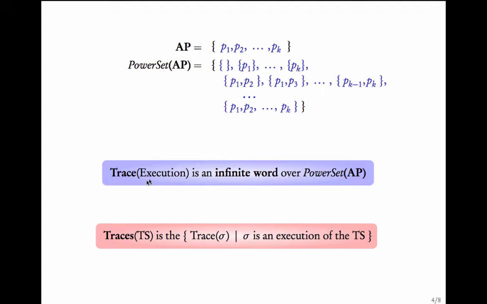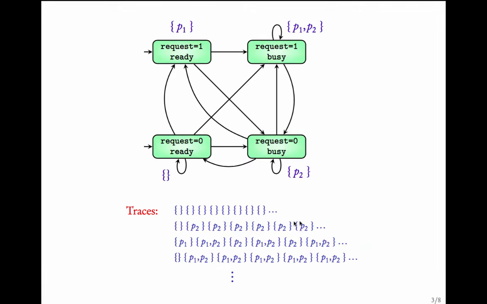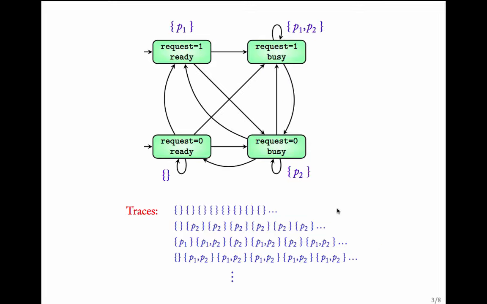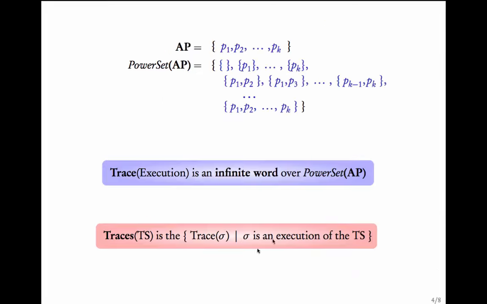The trace of an execution is an infinite word. Here I have emphasized the infinite word over the power set of AP. So each trace is an infinite word over the alphabet power set of AP. If you consider this to be our finite alphabet, each trace is a word over that alphabet.